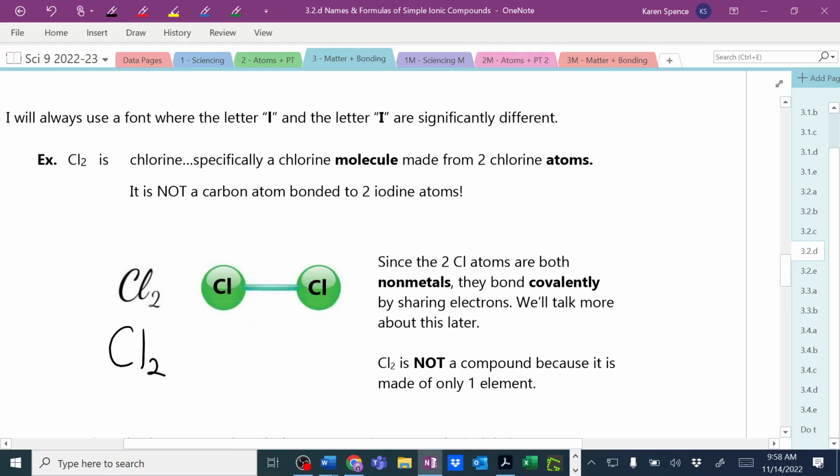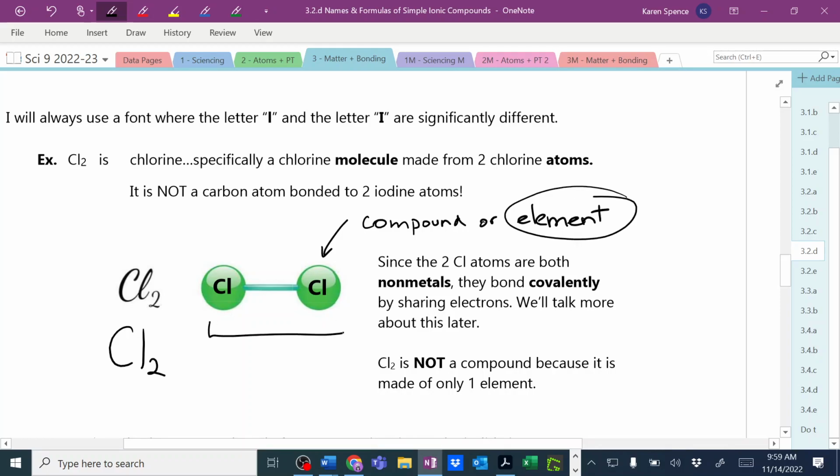Okay, yeah. So if we have Cl2, first of all, what kind of a substance is this? Is this a compound or an element? Tell your partner. Is that a compound or is it an element? It is an element. What is this type of particle called?